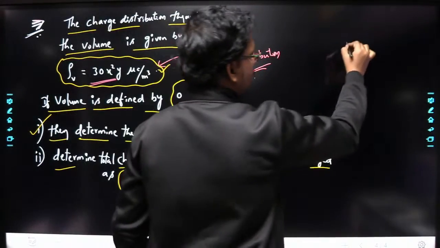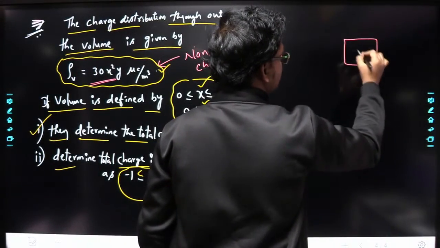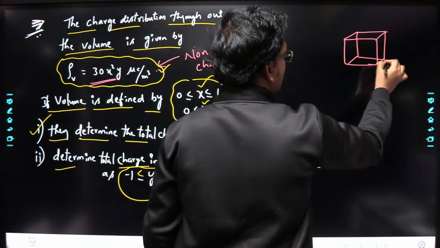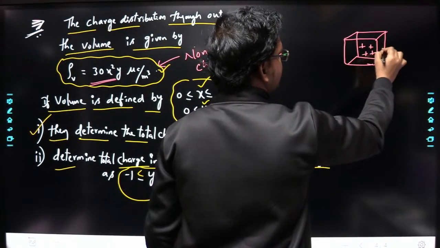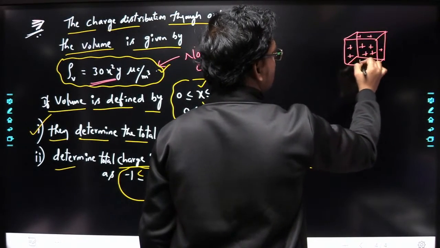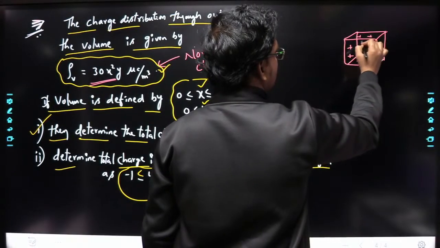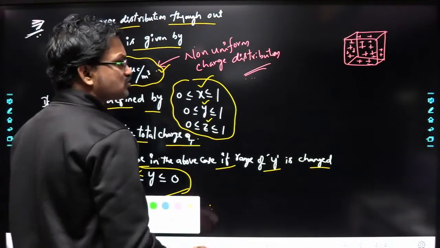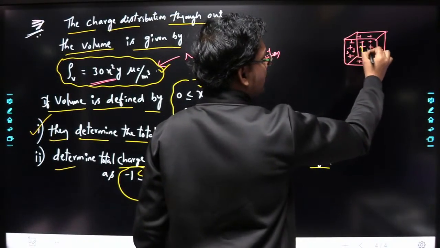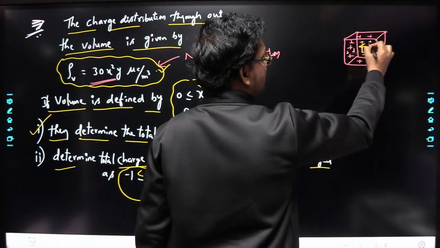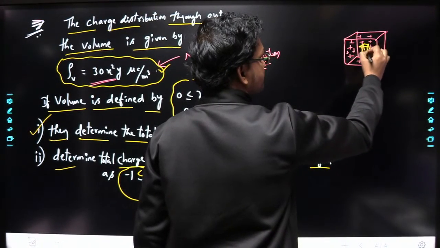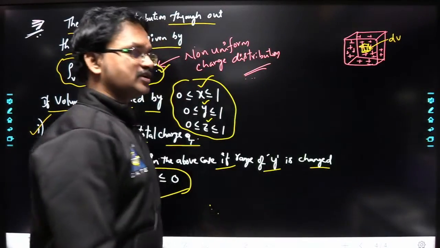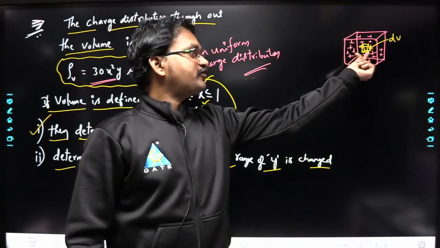Understood? Now if you consider a cube like this, let us assume this is the cube, and here the charge is distributed throughout the volume of the cube. Okay, so now if I consider a small differential volume dV, then what is the charge that is going to be present over this small differential volume dV here?